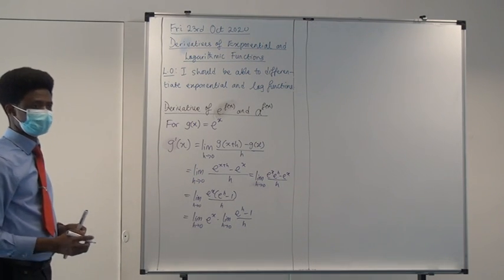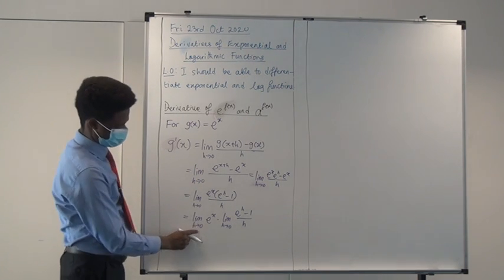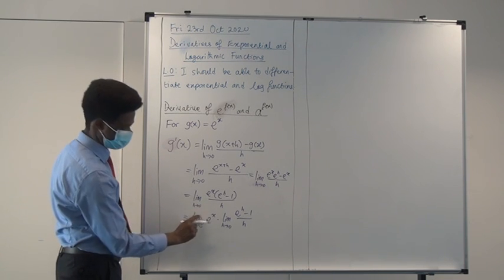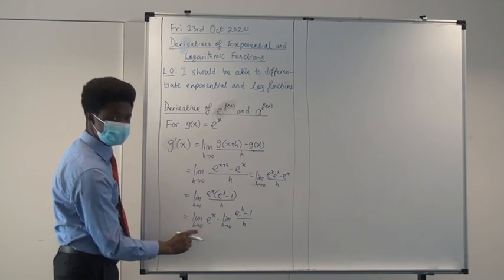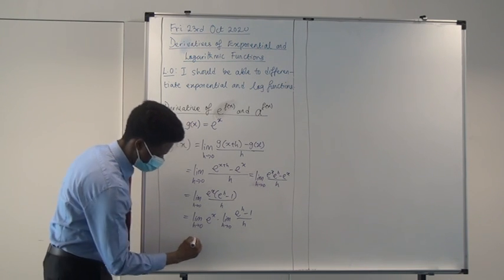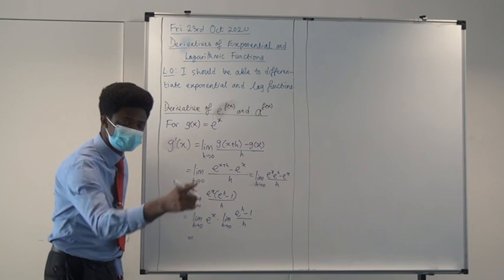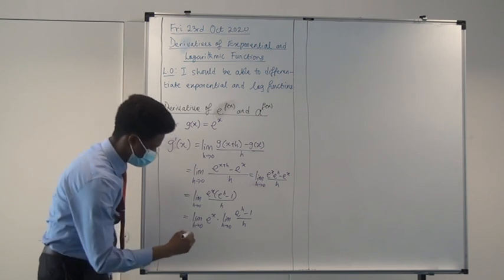Can you see? What is this one? Limit of exponential x as h tends to 0 is going to be what? Say that again? Nope. Say that louder, louder. Exponential x.